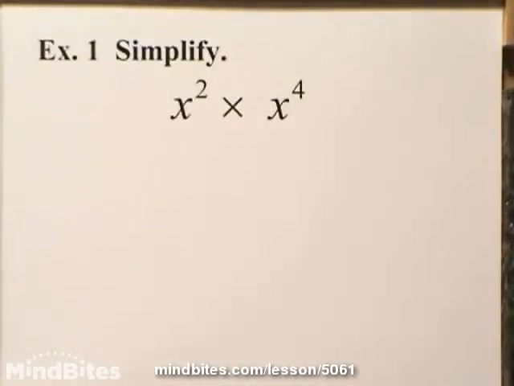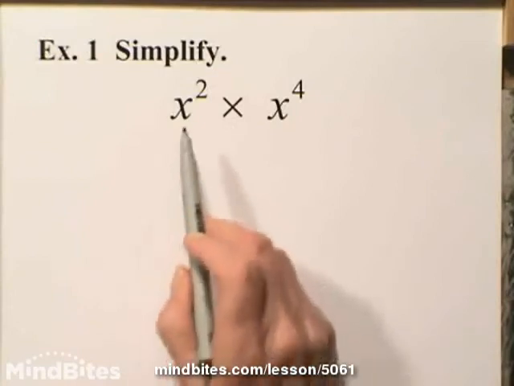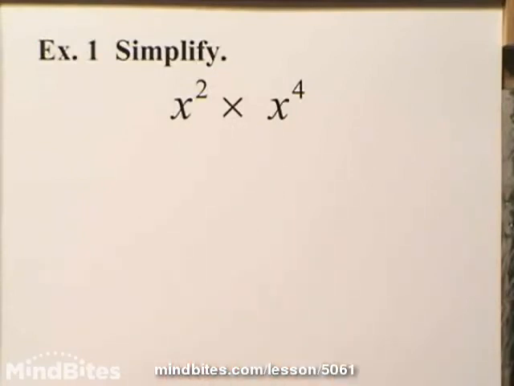Let's check out the first one here. Now I want to simplify or multiply, doesn't matter much what the directions say, and I have multiplication. You can see that from the times sign. I can also see that I have the same base. Now just for a second, let's ignore the law and expand.